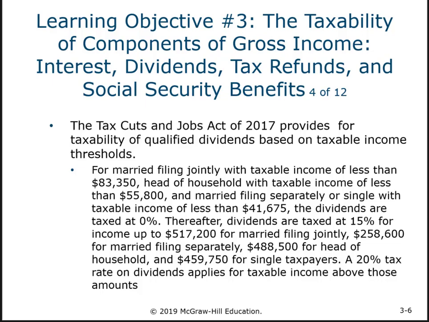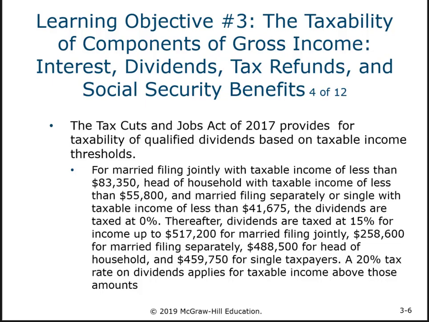If you'll notice the tax brackets in your tax rate table, this is quite a bit better: lower rates and bigger tax brackets than the regular income. So that means that this becomes an incentive to have dividends as income.